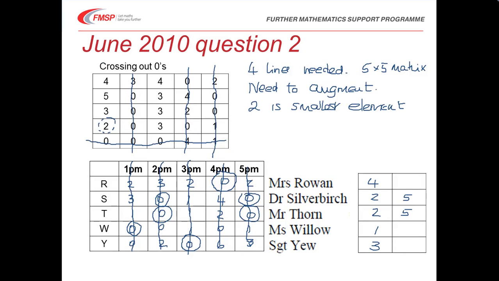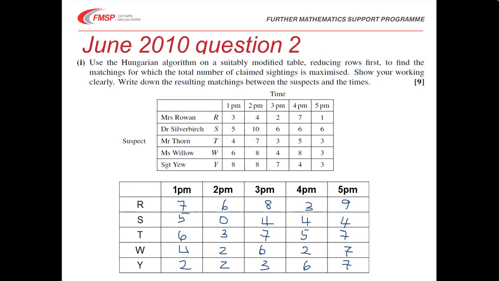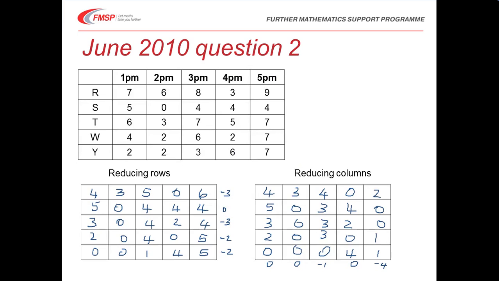So if we just go back and have a quick look at how the marks were allocated, you actually got 2 marks for making it and modifying your table, so it was a minimizing problem. 1 as a method and 1 for accuracy. So if you did make a silly mistake, you'd lose the accuracy mark, but not the method mark. You then got, in terms of reducing, a method mark for reducing by rows and a method mark for reducing by columns, and an accuracy mark for getting them correct.